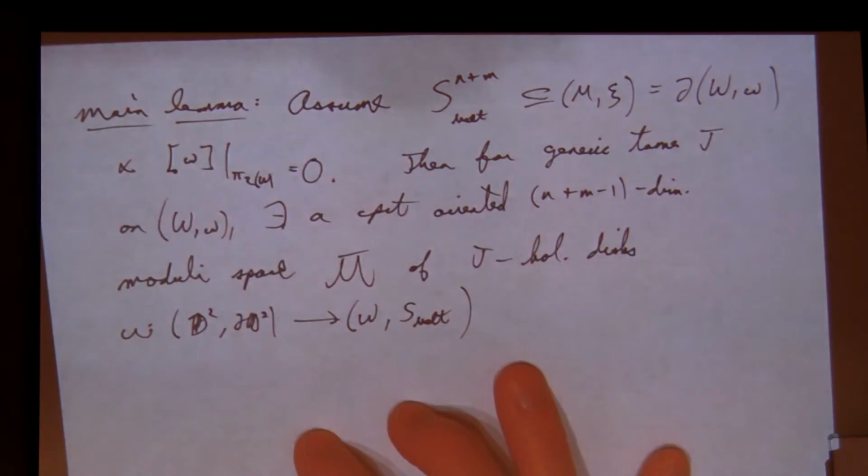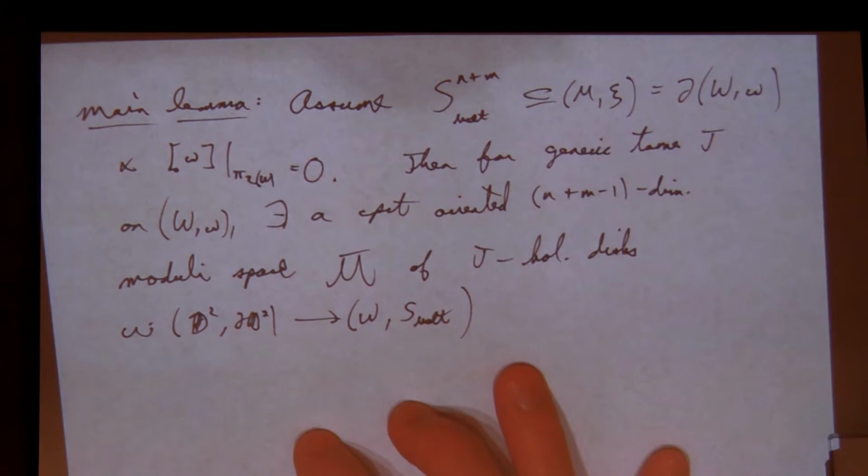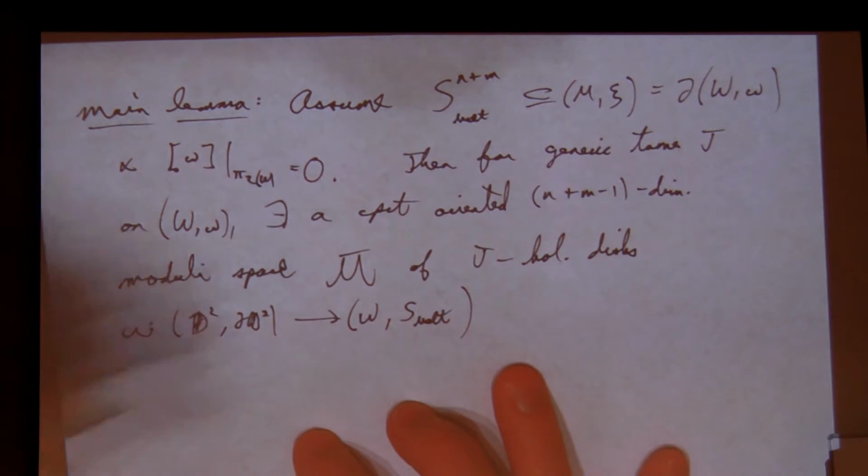Right? And to be more precise, I should say the belt sphere minus the bindings of those Legendrian open books, since that's where a totally real condition fails.